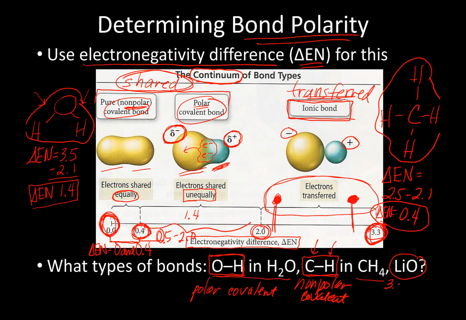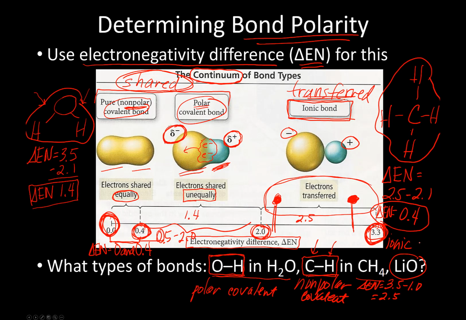So that means the electronegativity difference is 2.5. And when you have a difference of 2.5, it falls between this range of 2 and 3.3. So that means lithium oxide is ionic. So determining bond polarity is going to help us later to determine molecular polarity.